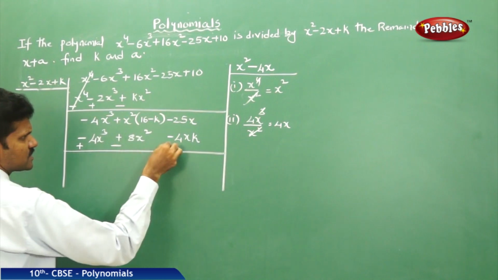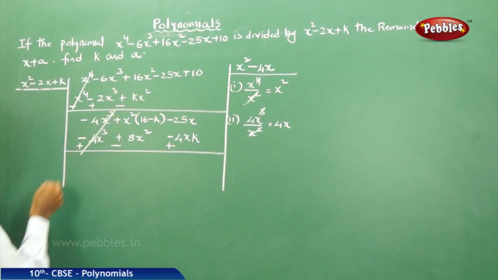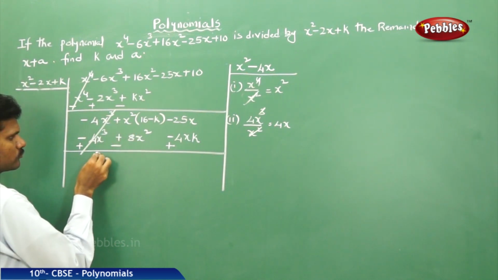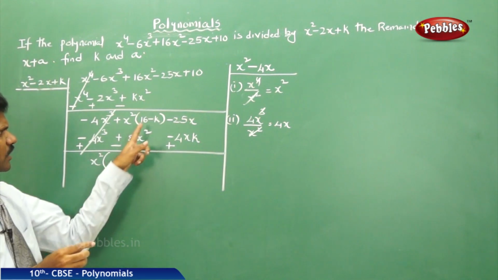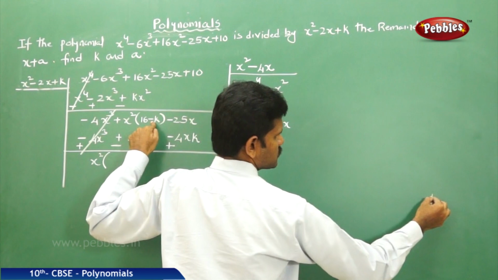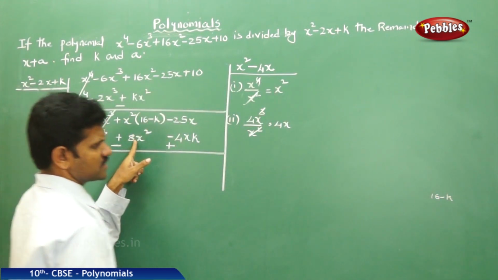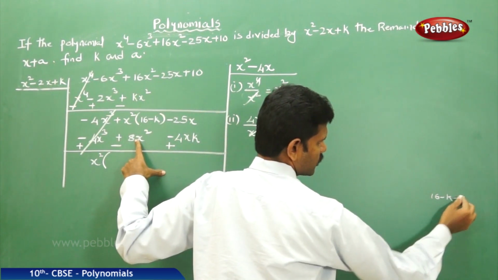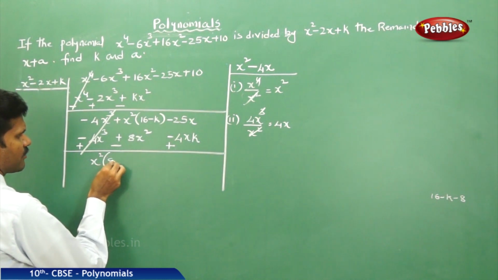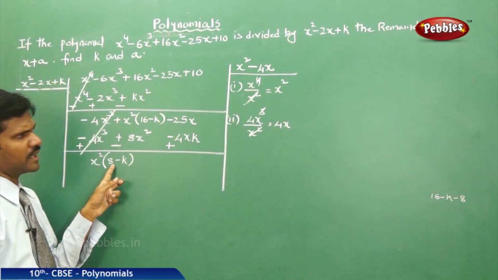Plus minus plus, now it gets cancelled. Again in this one take x square common. If you take x square common, the rest of the parts are 16 minus k minus 8, that is 16 minus 8, nothing but 8 minus k. Now the x square term is 8 minus k.